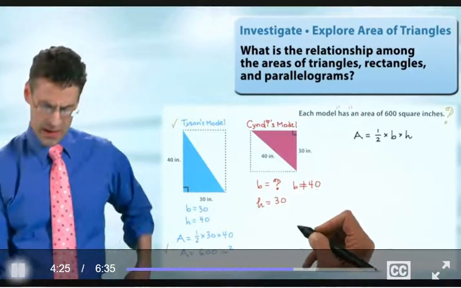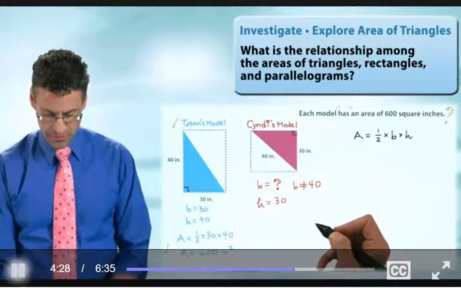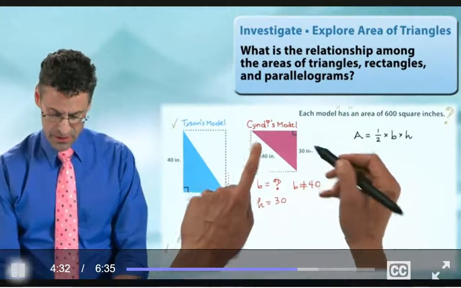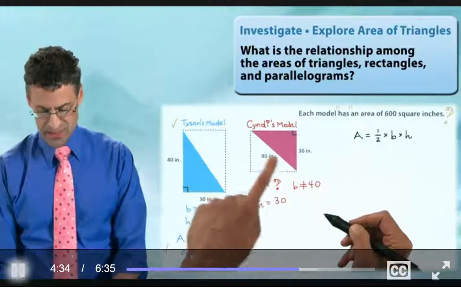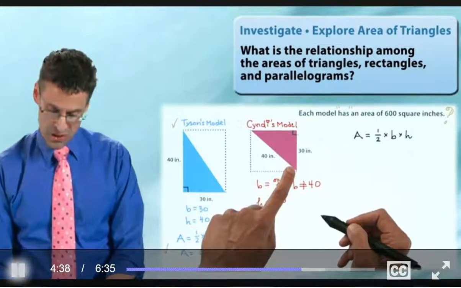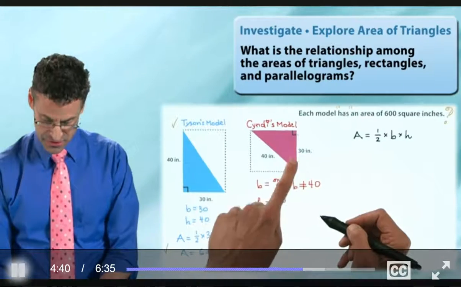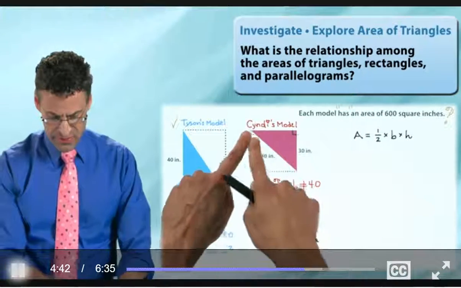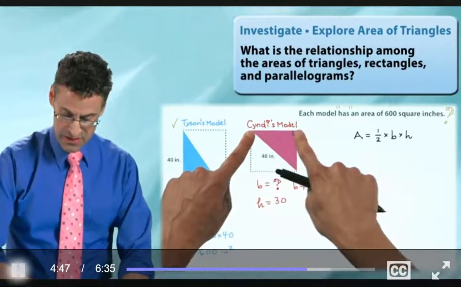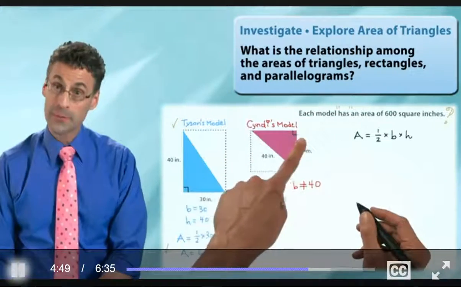How do I know that, by the way? Because if you look at this right triangle, you can see that the side opposite that right angle, which is sometimes called the hypotenuse, is always going to be the longest side, always. Notice this is 30, and this is certainly smaller than this, which is 40. And you can even visually see it. If you took that length and just flipped it around, it would be a lot longer than this. So this is going to be less than 40.